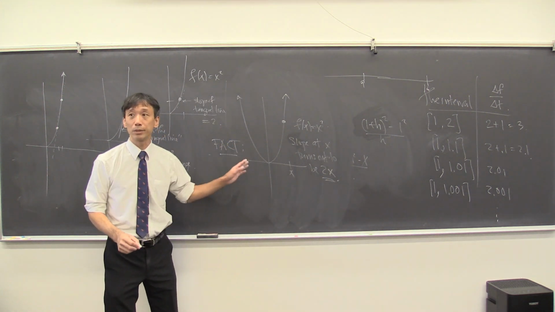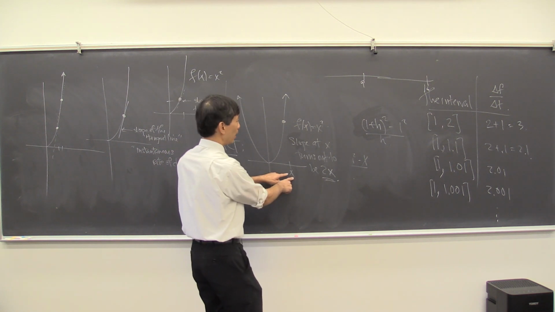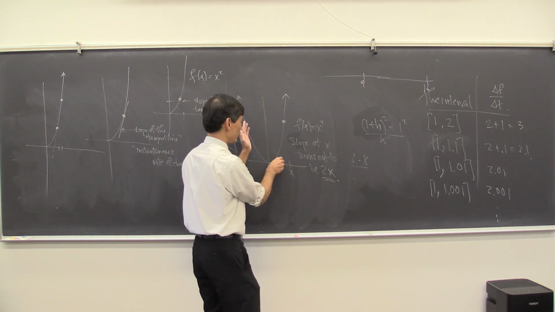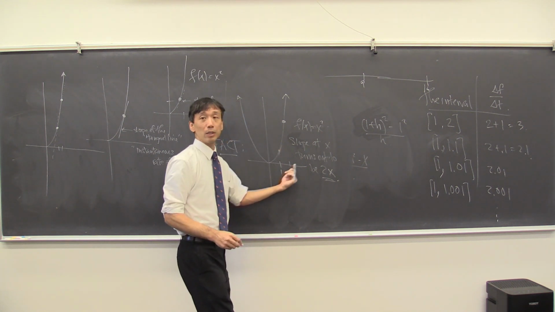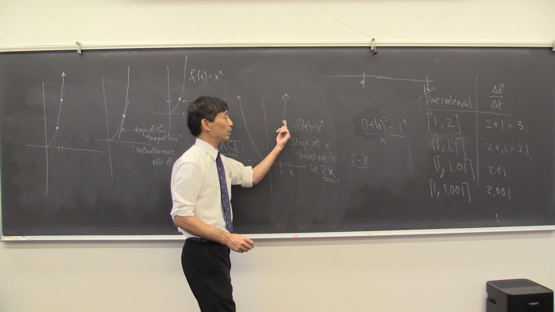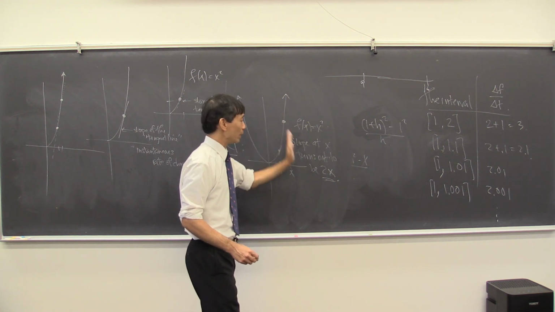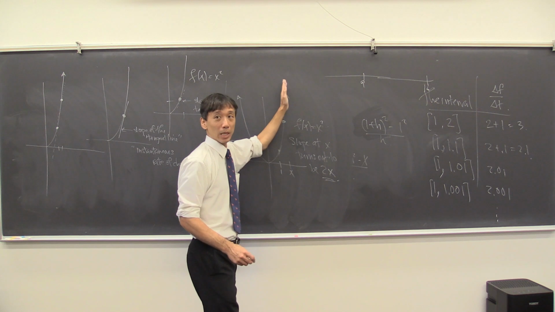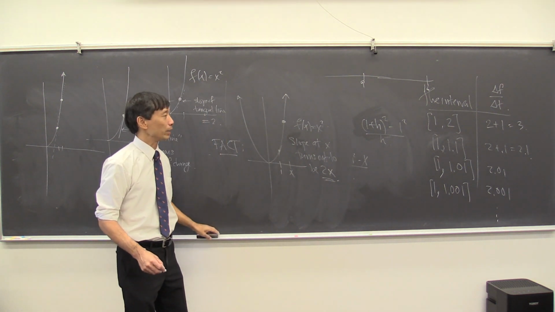So if you're at position 1, the slope is 2. If you're at position 2, the slope is 4. If you're at position 3, then the slope is 6, and so on and so forth.